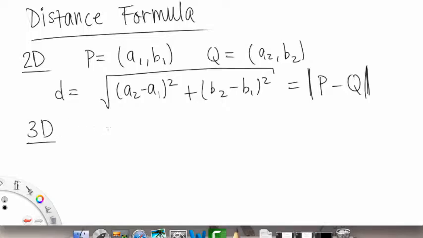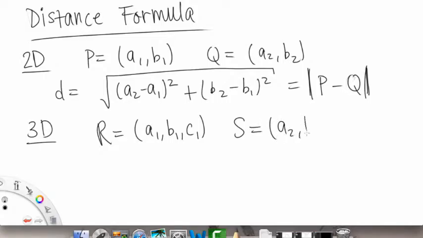Now in the 3-dimensional case, we have something very similar in structure, but now we have 3 components because we're dealing with 3 different dimensions. So we have R and S, let's say, with coordinates (A2, B2, C2) now. That's our Z component, and we're going to have the same exact thing.